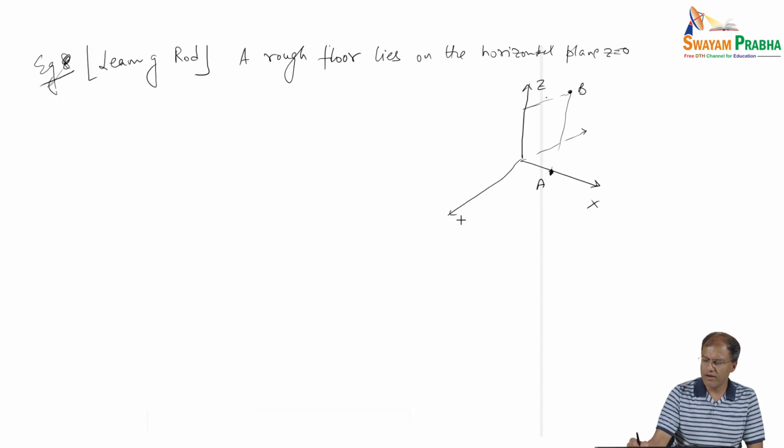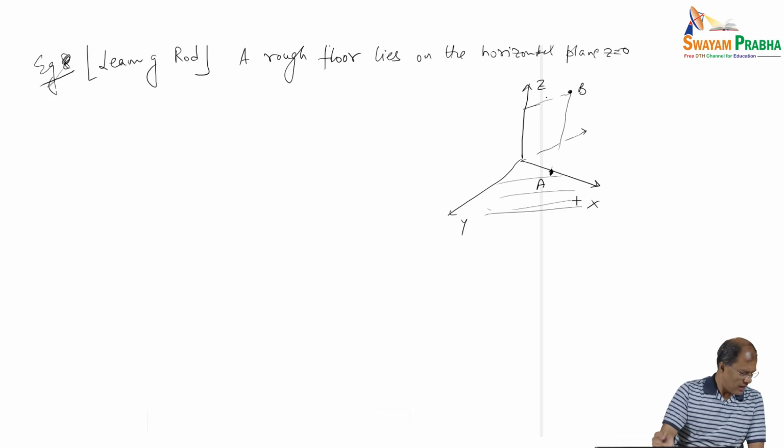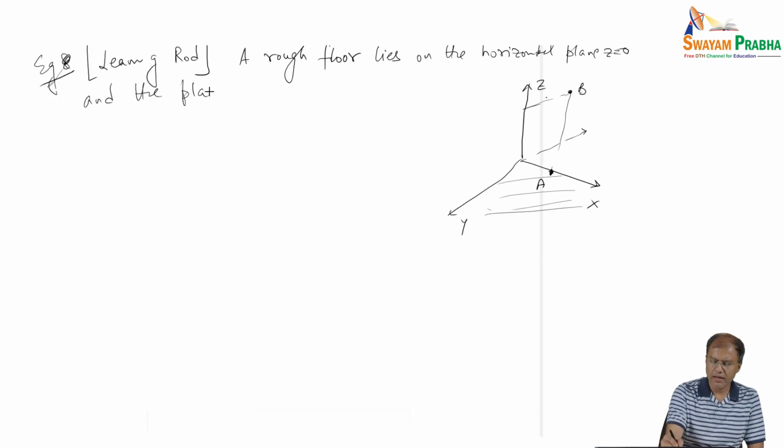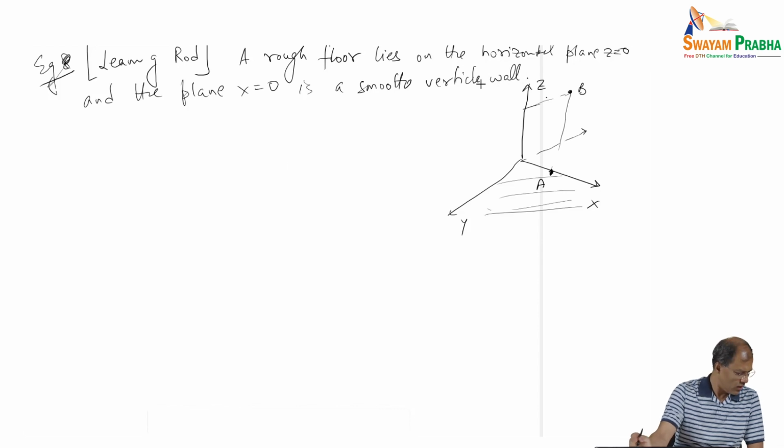So the plane xy, or z equal to 0, is the floor, and the plane x equal to 0, which is the yz plane, is occupied by a smooth vertical wall.